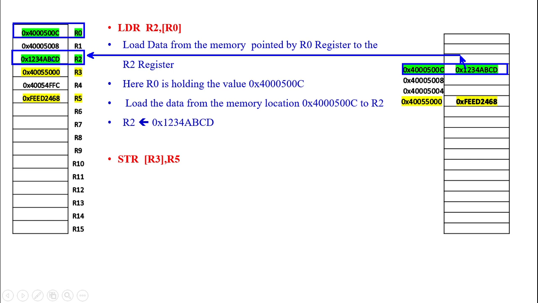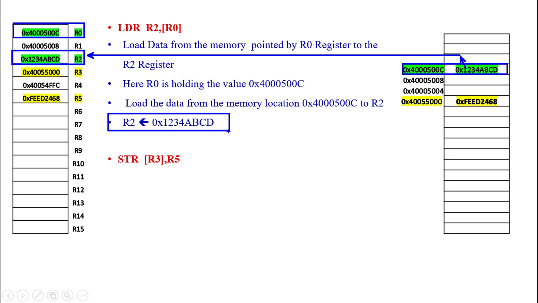That will be loaded here. Next, R0 is holding the value 4000500C, which is a memory location, and we load the data from the location 4000500C to R2. So R2 will be loaded with the value ABCD1234. This is called LDR, load data register: load data from memory to the register.